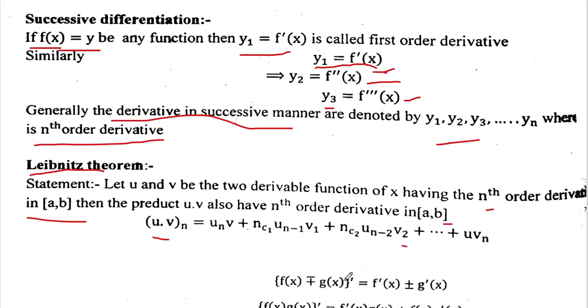So this is called the nth derivative of the product uv. Okay, so this is the nth derivative formula of the Leibniz rule.